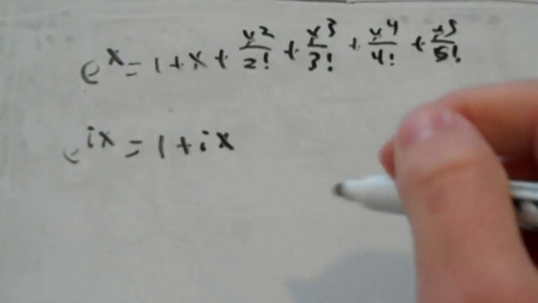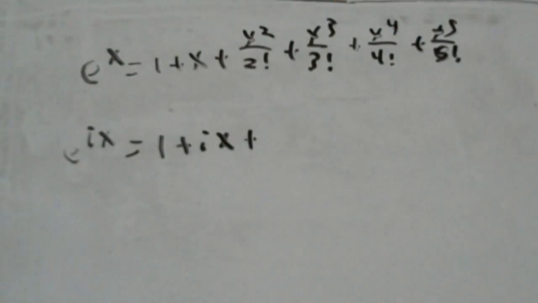But now, we have e to the ix. And that will give us 1, plus ix. And then we have (ix) squared over 2 factorial, and that is the same as i squared times x squared, and i squared is negative 1.